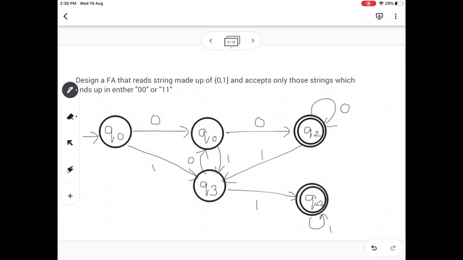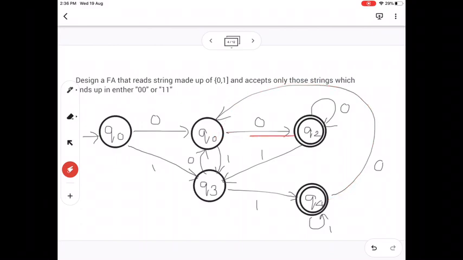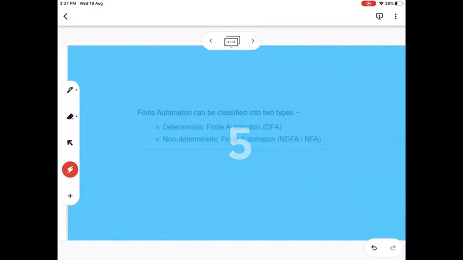If I get 0, I will go to Q0 for input 0. Okay. Why? See here, 0 0, it is ending with 0 0. And I have made these two states final states, because it can either end with 0 0 or 1 1. So these two states are final. Okay. So this was the finite automata for the given problem.